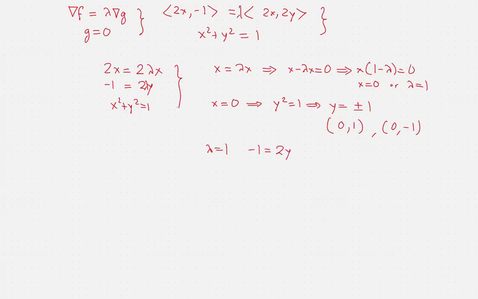And if y is equal to -1/2, then we go again into our constraint that gives us x squared plus 1/4 is equal to 1, or x squared is equal to 3/4, or x is equal to square root of 3 over 2 with a plus or minus. So that gives us two more points, in particular square root of 3 over 2 comma -1/2, and negative square root of 3 over 2 comma -1/2.